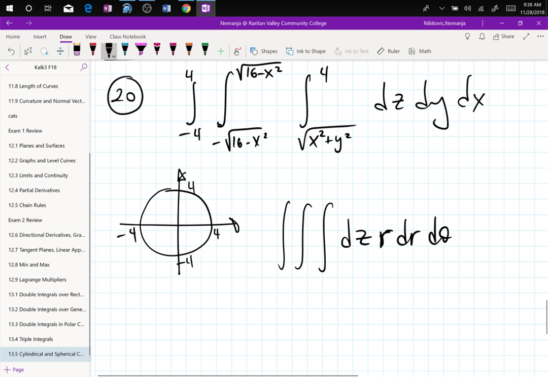And z conversion is straight up r to 4. Do we all agree that x squared plus y squared will give us r squared, and then the square root will kill the square? So we good there? And then what do we do for a circle? Theta, we want a full circle, 0 to 2 pi, and we want the r to go from 0 to 4.